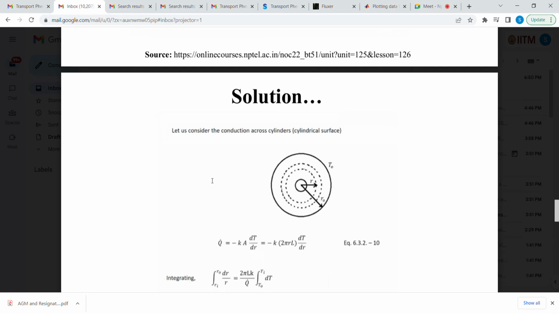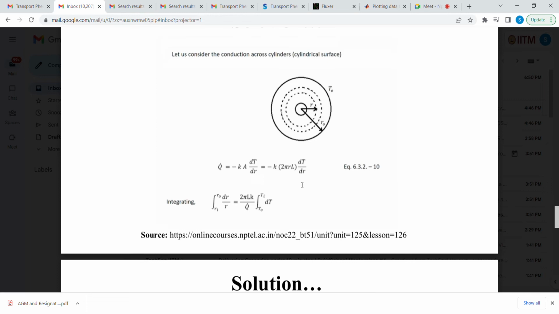So basically this is the inner radius of the pipe where the hot broth flows, and this is the outer radius of the pipe. This is the inner radius, this is the outer radius respectively, and this is the temperature of the outer fluid. The temperature of the inner fluid will be Ti correspondingly.